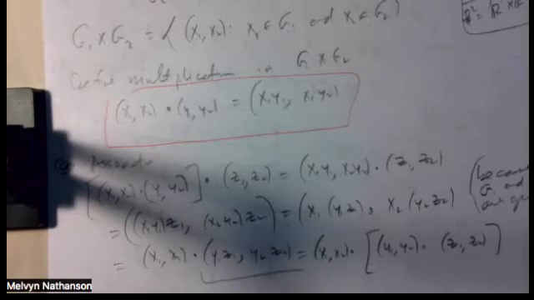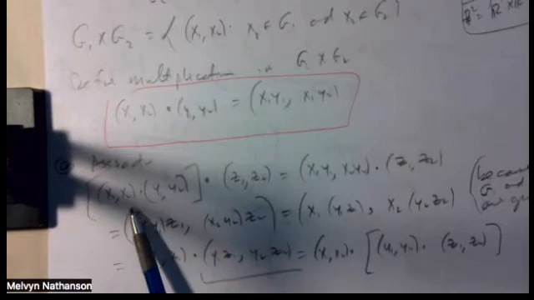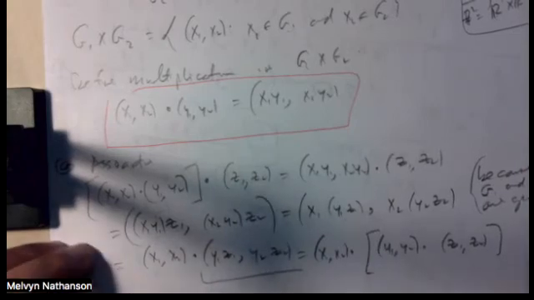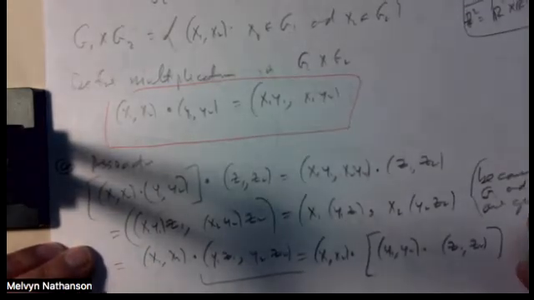So that's a proof of associativity in G1 × G2. The first times the second, times the third, equals the first times the second times the third. That's the proof of associativity. That's the most complicated part.